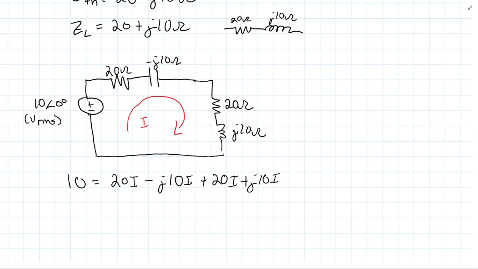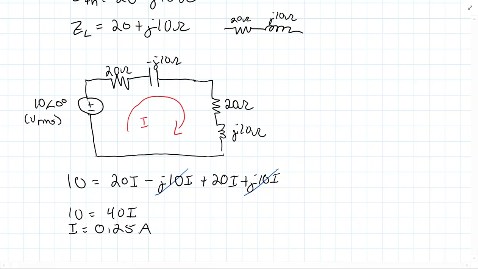And what we want to see here is, of course, these J components just cancel out here. In essence, we're canceling out the reactive portion of it, and we get that 10 is just simply equal to 40I. And so, doing my arithmetic correctly, we get I is equal to 0.25 amps.